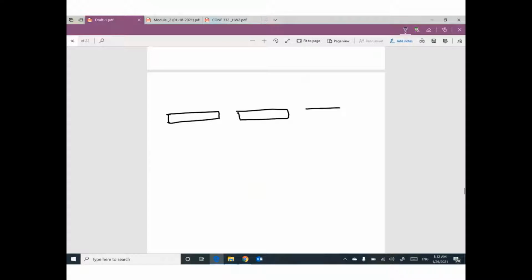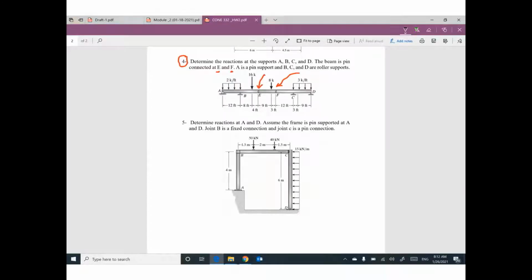So here is the first part, second part, make it smaller. Put your supports.